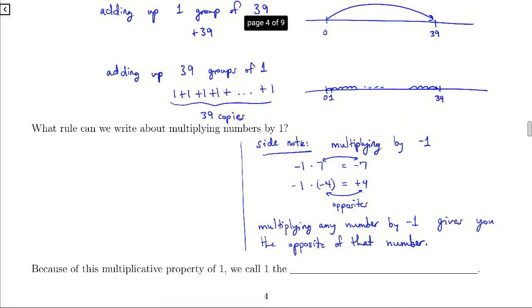Because of this multiplicative property of 1, and by that I mean this one, not the one about -1, the fact that multiplying by 1 doesn't change the number, it doesn't change the identity of the number, we call 1 the multiplicative identity.